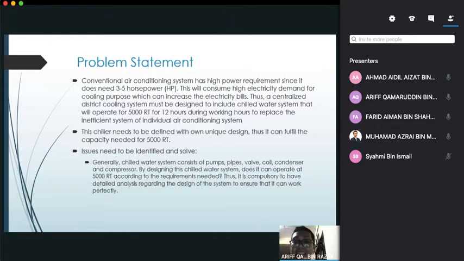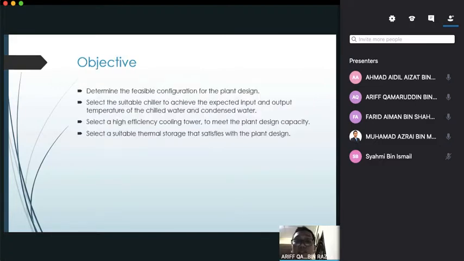So it is compulsory to have a detailed analysis regarding the design of the system to ensure that it can work perfectly. Moving on to our objective: to determine the feasible configuration, select a suitable chiller, select a high efficiency cooling tower, select a suitable thermal storage.